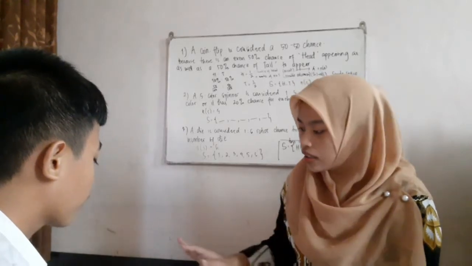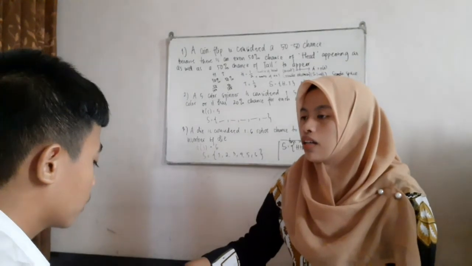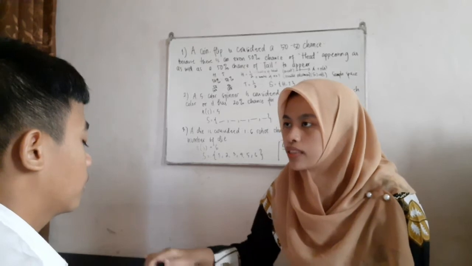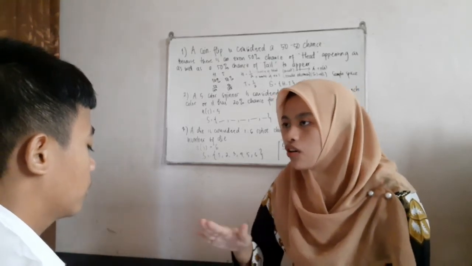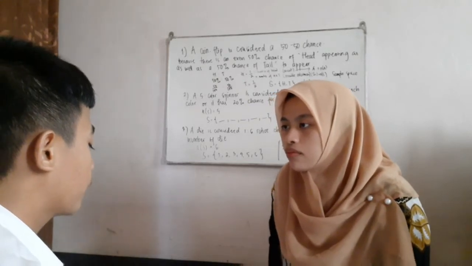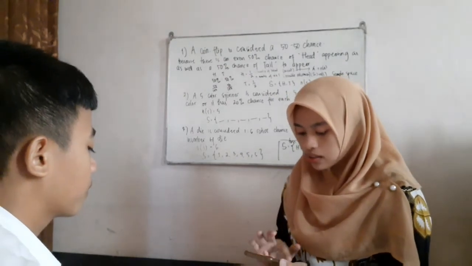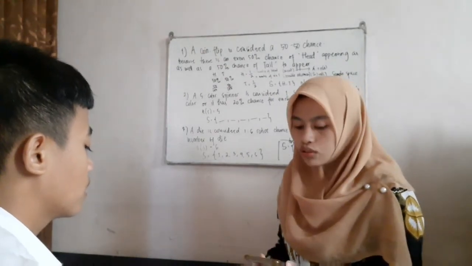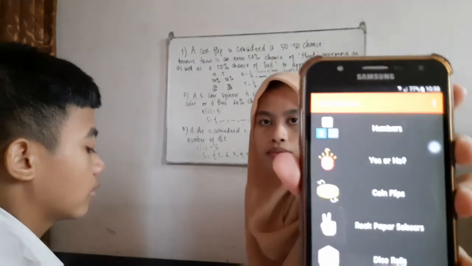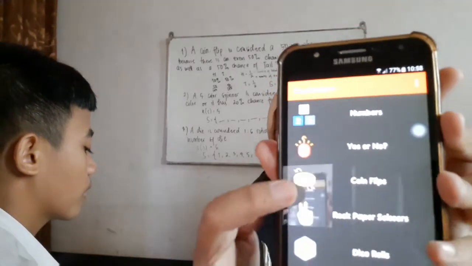Okay, for a coin and a die, I'll give you an option. You can do this experiment with the application or using a real coin and real die. Application, Ma'am. Okay, if you choose to use the application, I'll explain how to use it. So you open this and then you choose the coin.